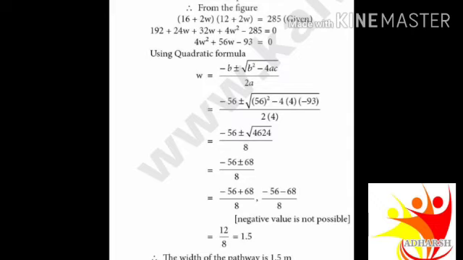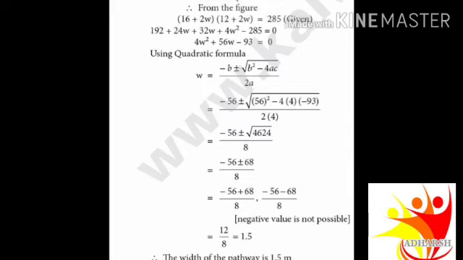Therefore W equal to minus 56 plus 68 divided by 8, comma, minus 56 minus 68 divided by 8. Negative cannot be possible. Therefore we take minus 56 plus 68 divided by 8. Subtract the value, we get the answer 12 by 8.